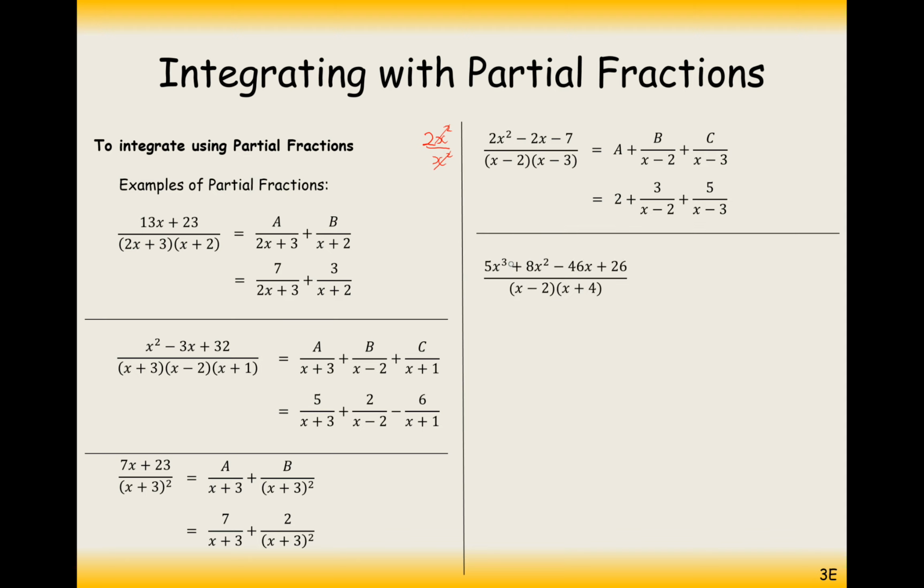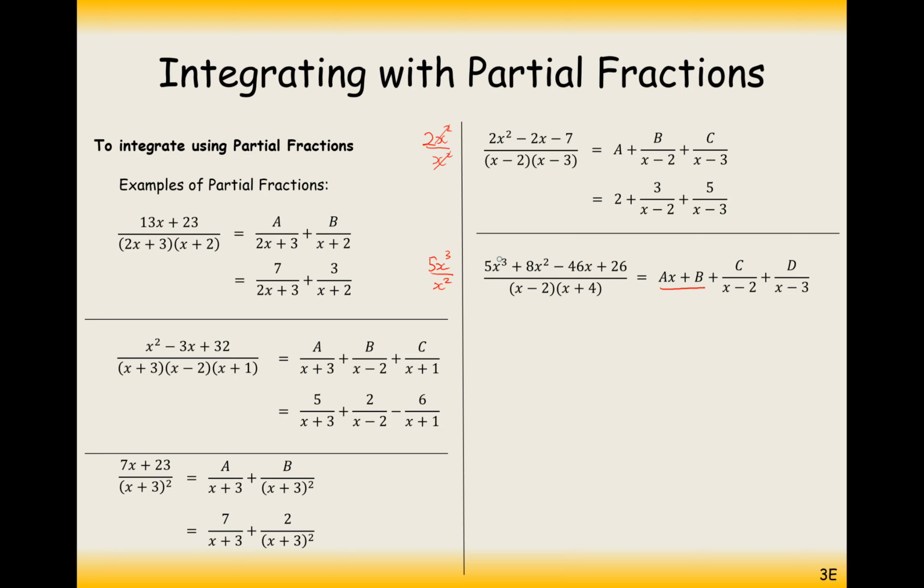If your power on the numerator is bigger than the power on your denominator, then you need to consider doing 5x cubed over x squared, which is what you'd have if you expand the denominator, and then you would get 5x. So it's going to be something times x, and then you use every power down from that value of x. So if it was a 4 on the top here, it would be x squared plus something x plus something.